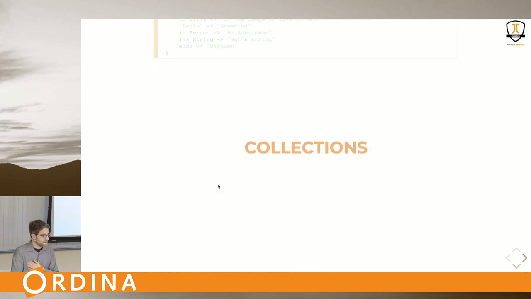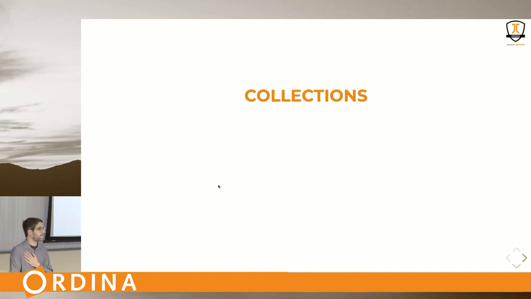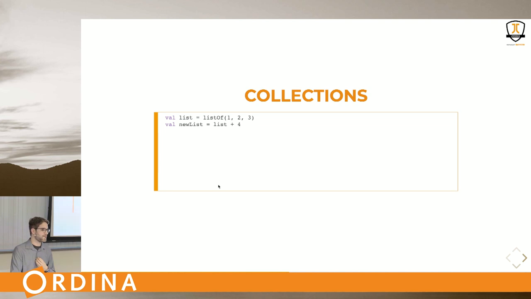Okay, something more about collections, because we use those daily as well. Collections are basically based on the Java collections with some syntactic sugar. You can do a list of and provide some items, which will generate a non-modifiable list. So if you want to add an item, you need to generate a new list and assign a result to it.